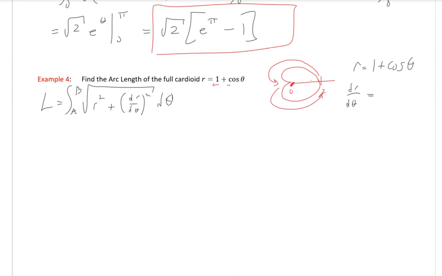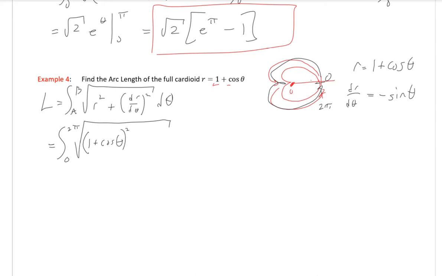That's going to give us 1 derivative is 0 plus cosine theta derivative. That will give us negative sine theta. The negative is about to be irrelevant because when I plug these in, and notice this arc length goes from 0 all the way around to 2 pi, we have the square root of r, 1 plus cosine theta squared, plus negative sine theta squared d theta, which is why the negative is going to be irrelevant, because we're going to square it.